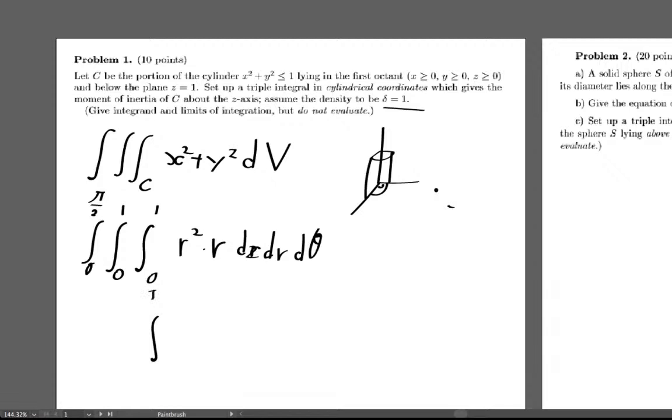So in here, let me just copy paste this and paste it downwards.